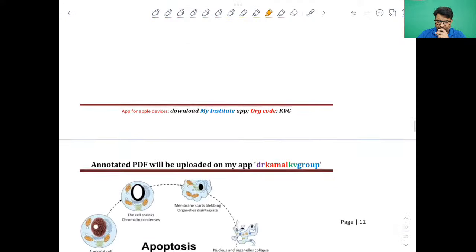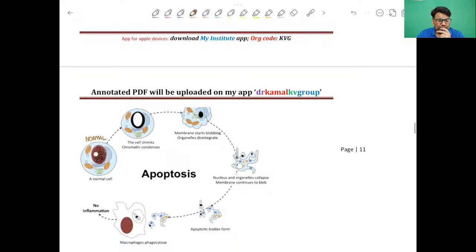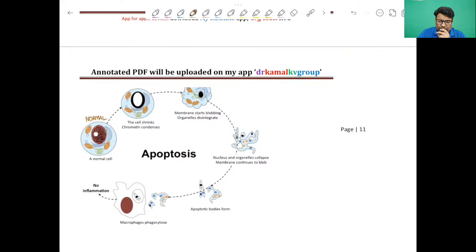So if we see, this is the normal cell, clear? During apoptosis the cell will shrink, the nuclear chromatin will condense, so there will be pyknosis, karyorrhexis, karyolysis, and as a result of this the membrane will also start blebbing, something like this.